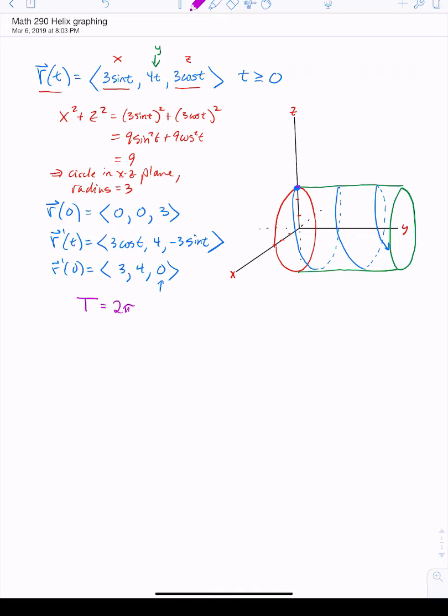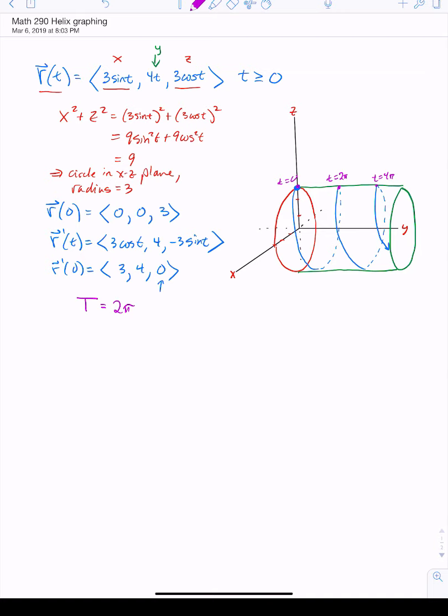So starting from right here, that's t equals 0. When we return to that point, that's t equals 2 pi. That's t equals 4 pi. Okay, well, if that's when t is equal to 2 pi when we return, then we can see what the y value is.